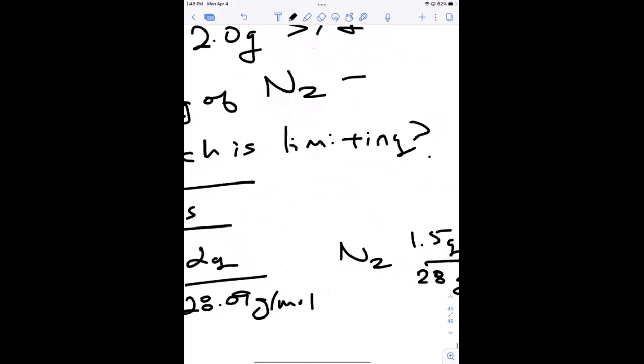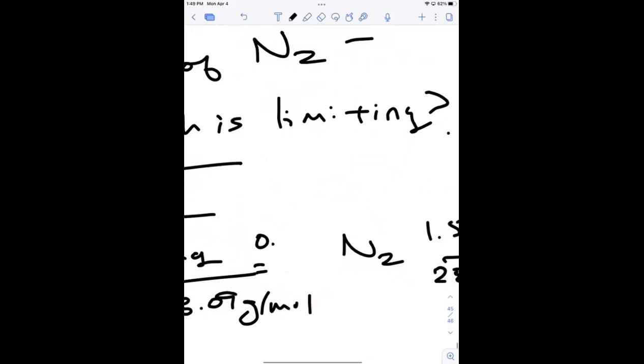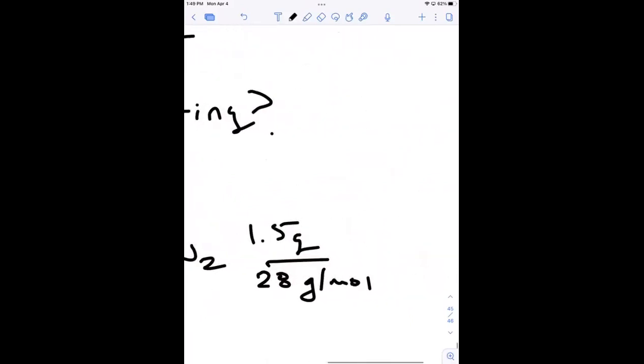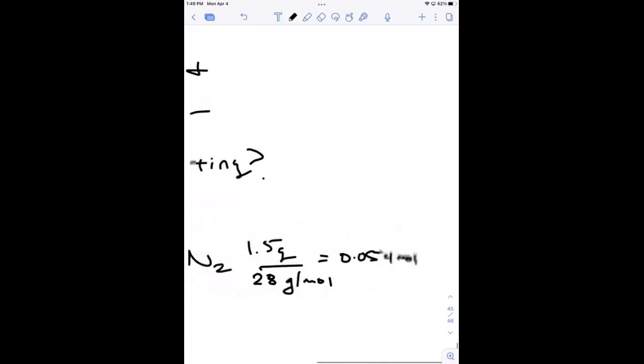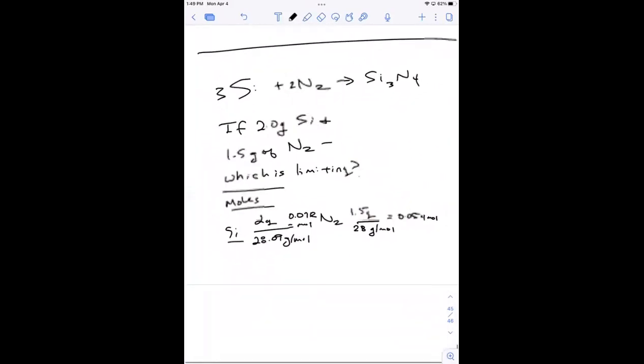When we do that math, this comes out to be 0.0712 moles. And this comes out to be 0.054 moles.